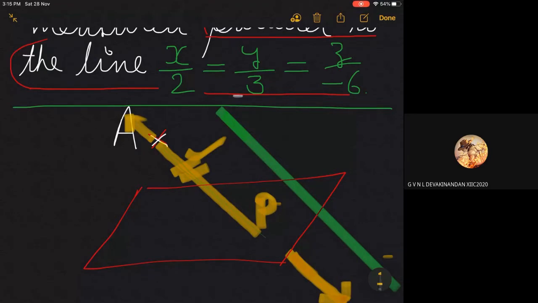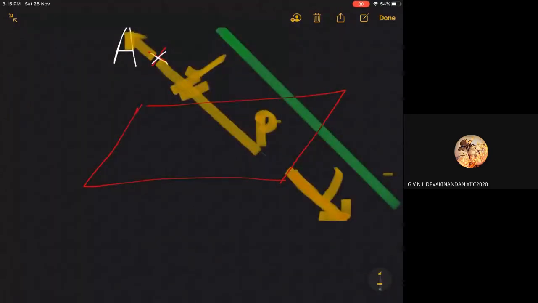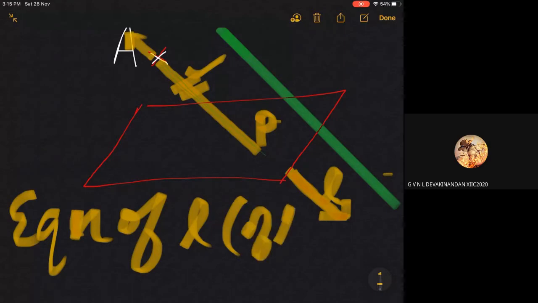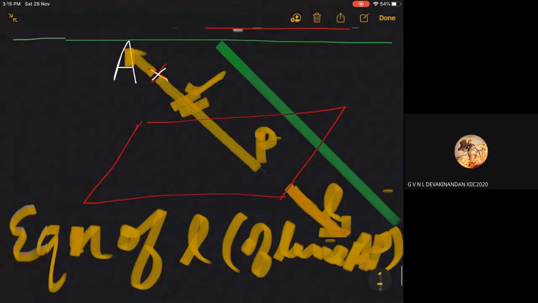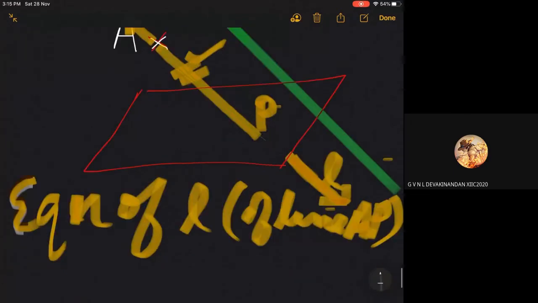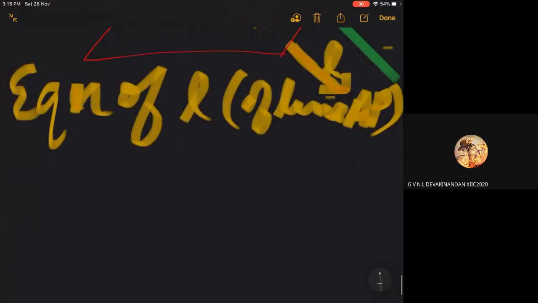For starting with the line, I'm just calling this line L. So first of all, you have to find the equation of L, or you can write the equation of line AP. Now, how to find the equation of AP? For that, you have to recollect the equation of a line passing through a point.